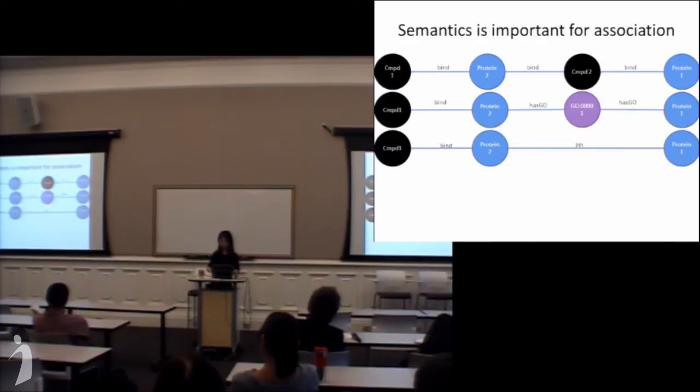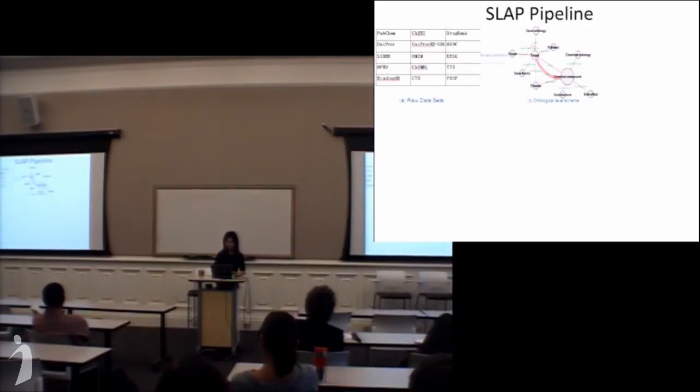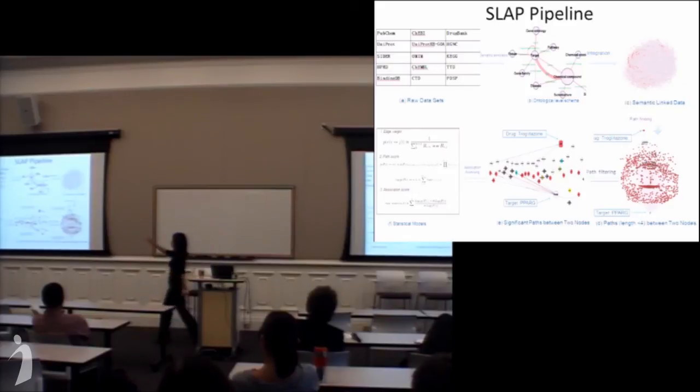And for semantics, for instance, this protein has different relations: binding, shared gene ontology, protein-protein interactions. We give different weights to these different patterns. So the pipeline for how we developed this web service is this: this is the raw data. We use ontology to create a knowledge graph.